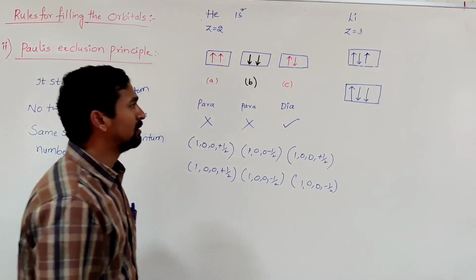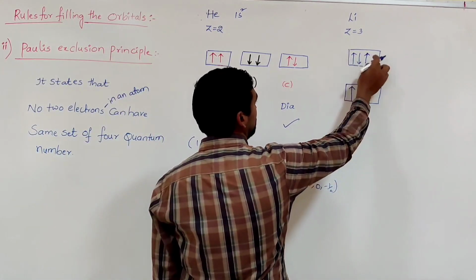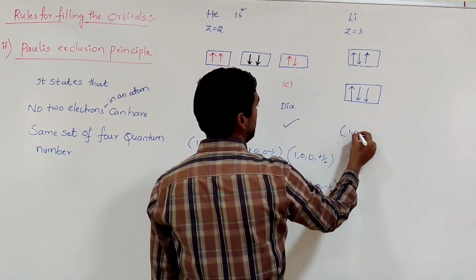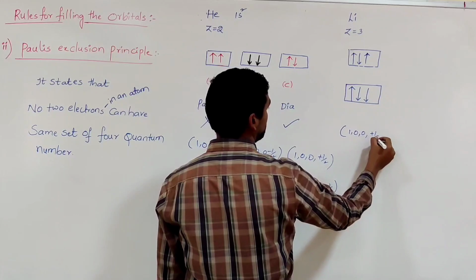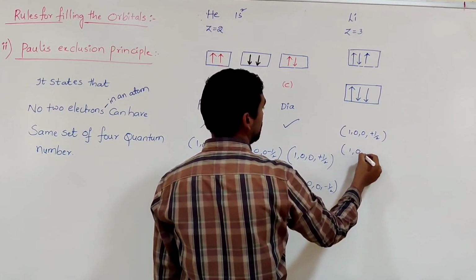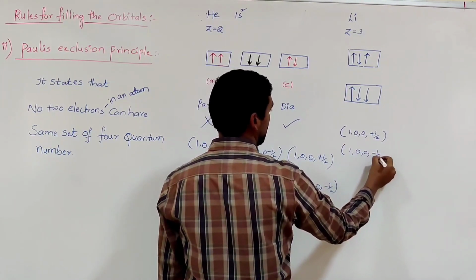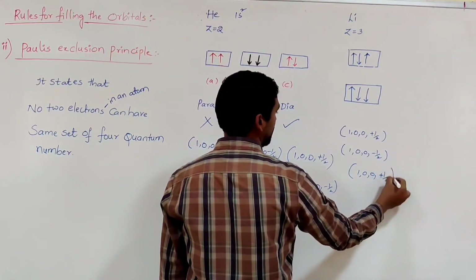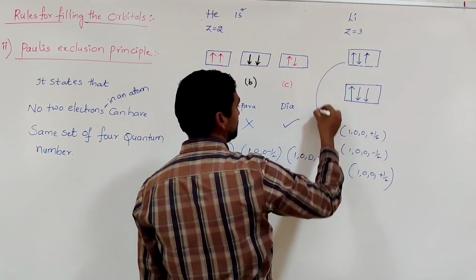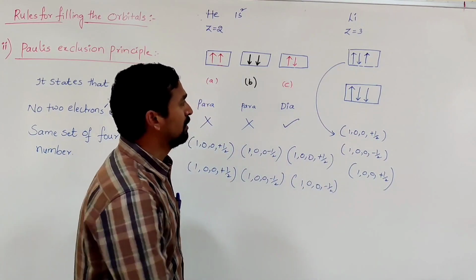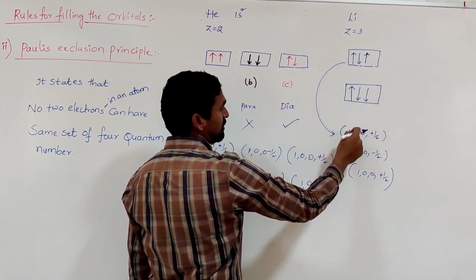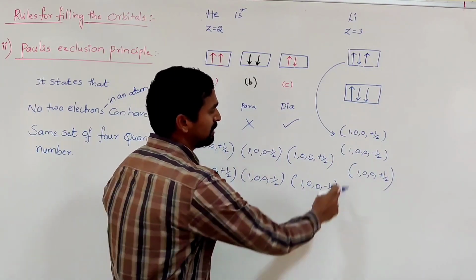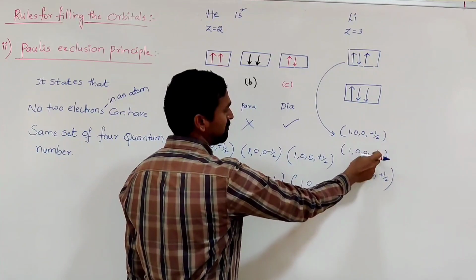Now, when you write the quantum numbers, in the first case, the first one is 1, 0, 0, plus; then 1, 0, 0, minus; then 1, 0, 0, plus. This is for the first case. Now the first and second electrons have the same three quantum numbers, but the spin quantum number is different.